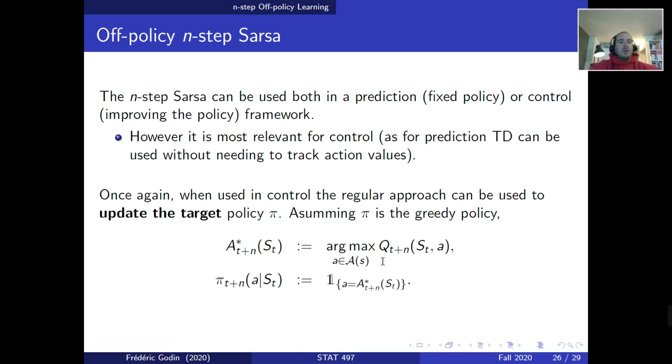And then you can define your new policy. So this is the policy improvement step. Your new policy assigns a probability exactly equal to 1 if action A is the greedy action in state S_t, or a probability of 0 otherwise. Basically, based on your new estimate of the value function, you build your new policy to make it greedy with respect to your state-action value function.